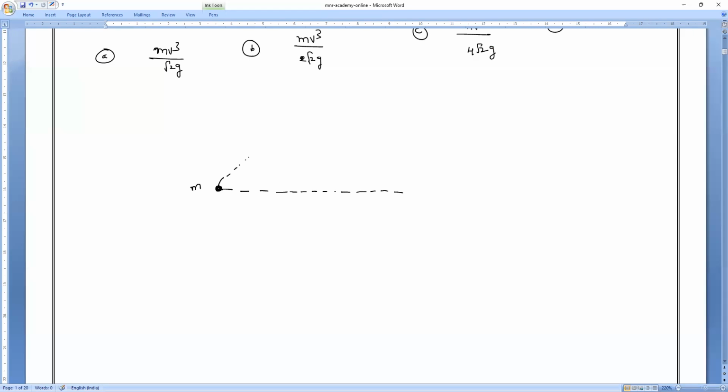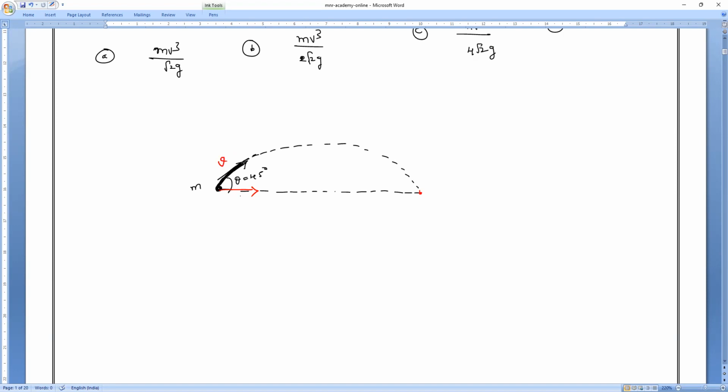Please respond, 45 degrees. That is the angle of projection. So theta is equal to 45 degrees. Now we all know that when the ball is projected at angle theta, the horizontal velocity remains constant. Am I right, for those who have studied? Horizontal velocity. So here, what is that velocity? V.